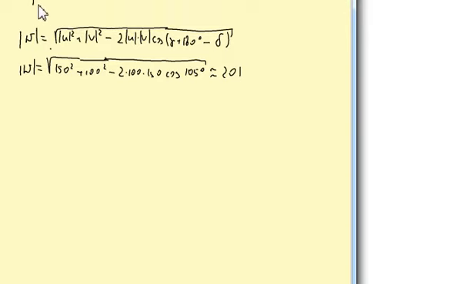For the length of vector w, I use the cosine law, and we found that the angle between the two vectors can be derived from this formula, which is gamma plus 180.